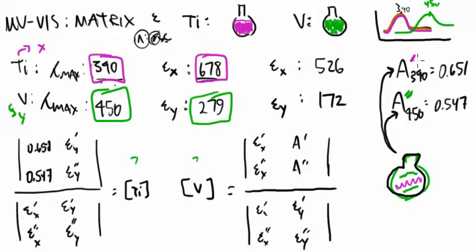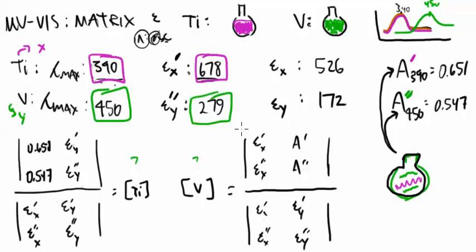Now look, 390 we did a prime with, right? So that's going to be prime. And this is the molar absorptivity of vanadium at vanadium's wavelength. Okay, so vanadium's wavelength is right here. This is a double prime number. So that means that this has to be a double prime. Okay, so there's the first pieces of the information. That's what prime and double prime is going to come in to say.